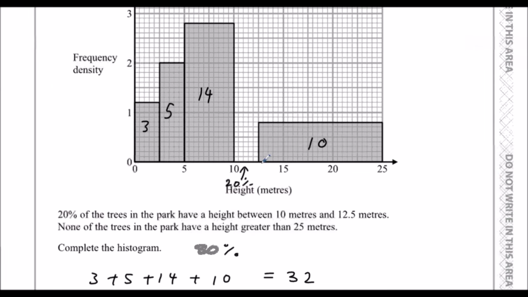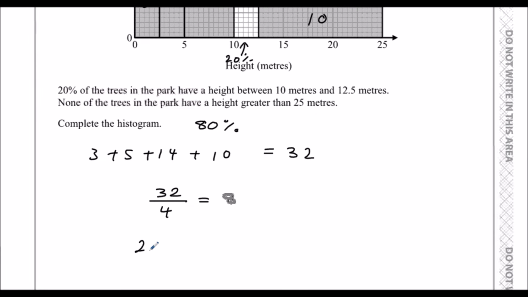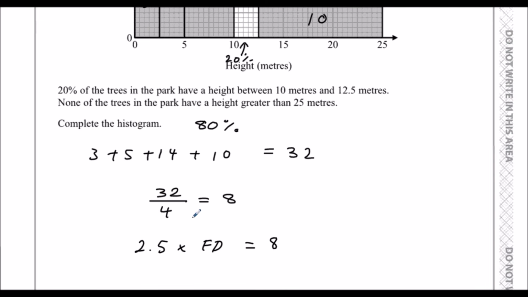Its width is 2.5. So 2.5 times its height, which is frequency density, is 8. So to find the frequency density, to find the height of the bar, divide by 2.5. 8 over 2.5 is 3.2.